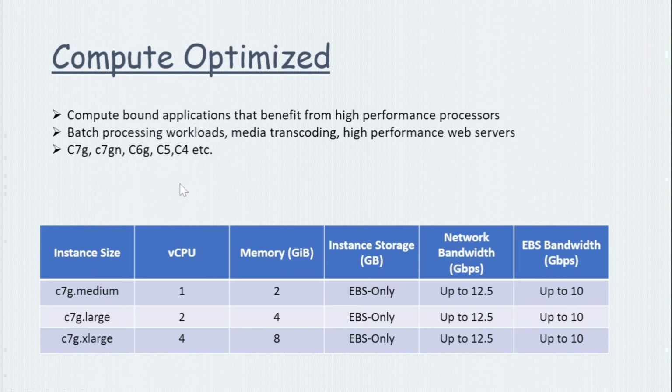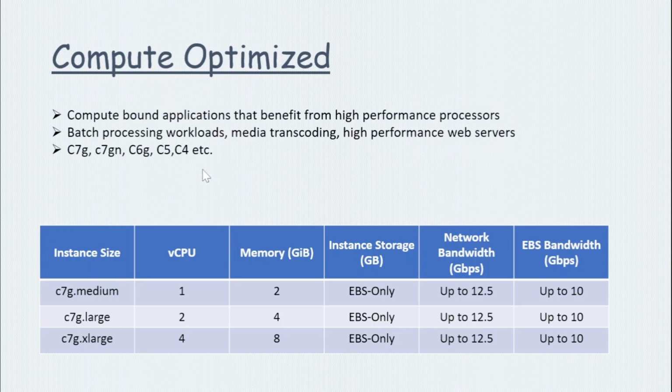The next category of instance type is compute optimized. These are the instances which benefit from high performance processors, and they have a higher number of vCPUs attached to them.